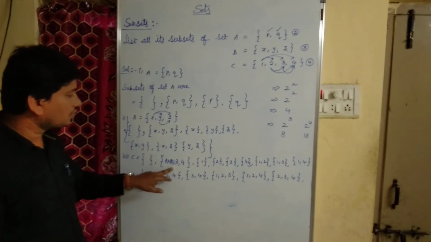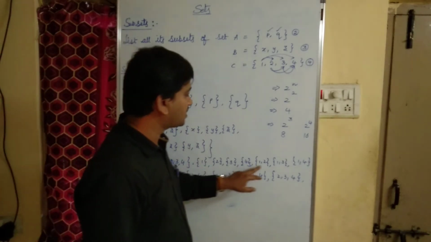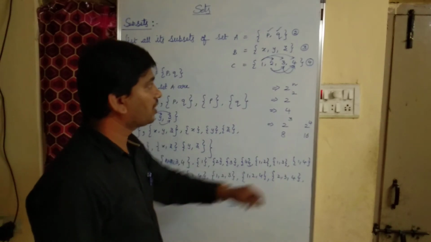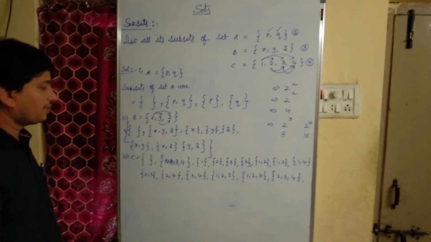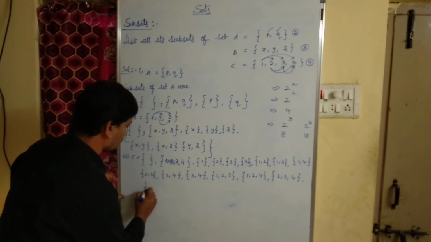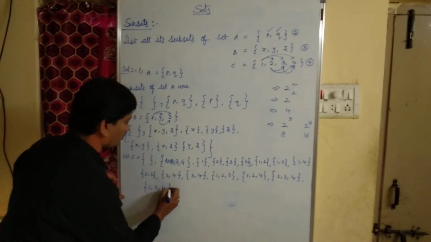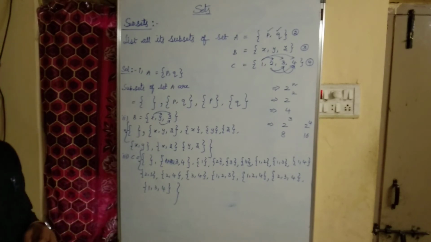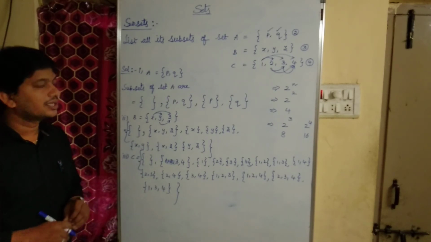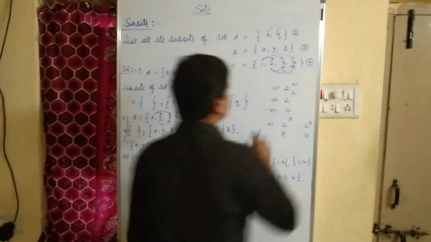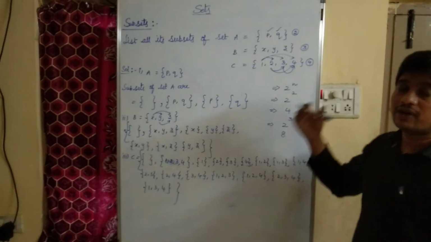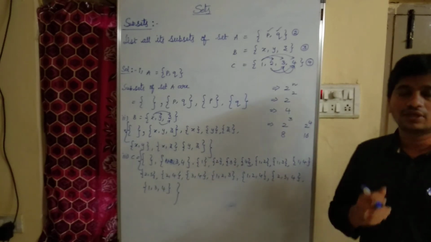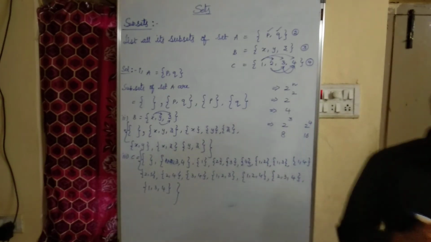How many are there? 1 2 3 4 5 6 7 8 9 10 11 12 13 14 15 over. Now 1 3 4 we did not write. 1 3 4. Totally we got 16 subsets of set C, because as set C consists of 4 elements, the number of subsets is 2 raised to the power 4, that is equal to 16. So this is the subset concept, right?